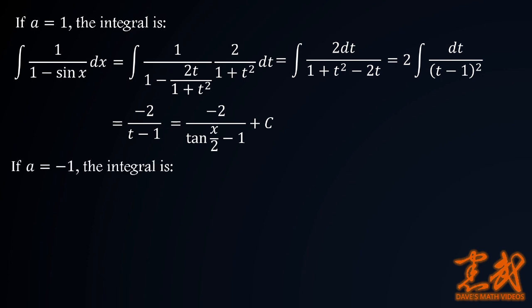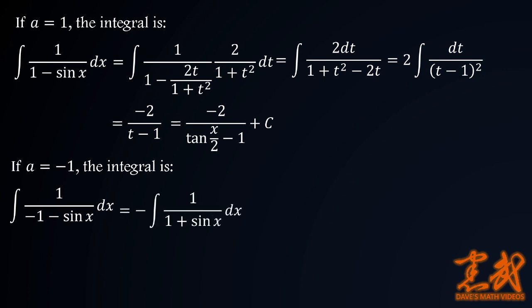And if a is equal to negative 1, the integral is very similar. We would have the integral of 1 over negative 1 minus the sine of x with respect to x. Once again, we can do some algebra to move the negative sign outside of the integral to get negative 1 times the integral of 1 over 1 plus sine of x with respect to x.